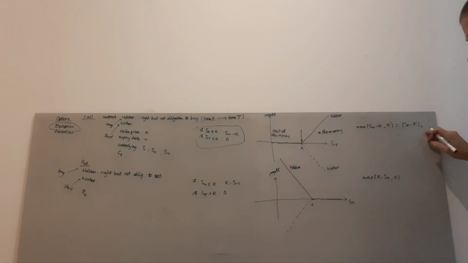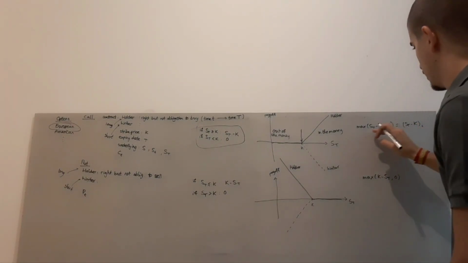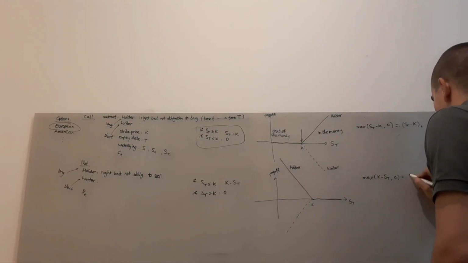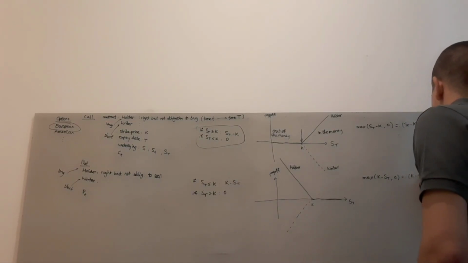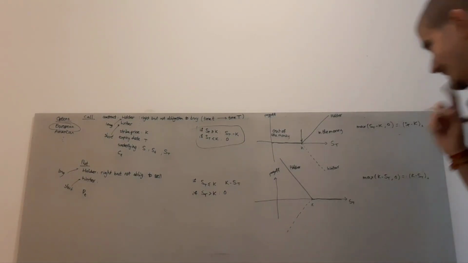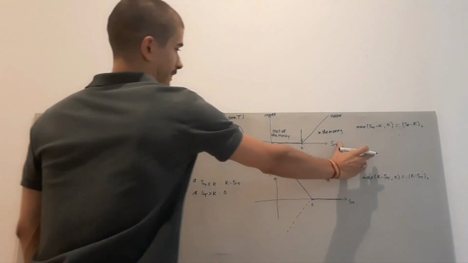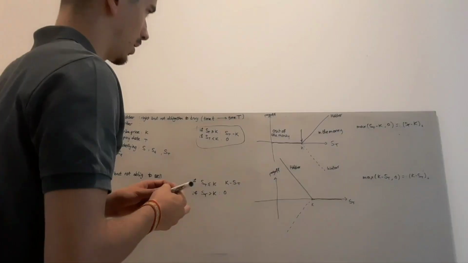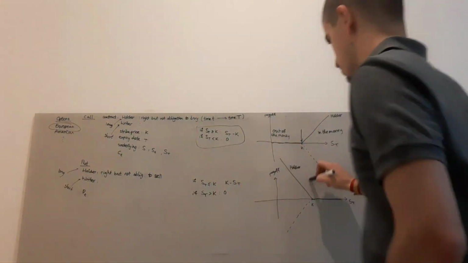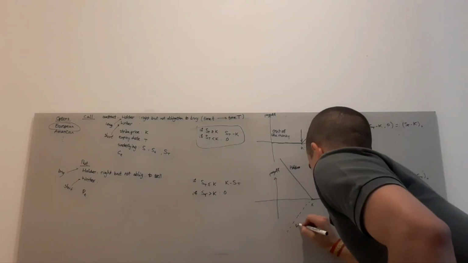So whenever you see this, it's just going to mean the max of this thing here and 0. K minus S_T, plus. Okay, so this is going to be the payoff for the call option and the put option for the holder, the writer.